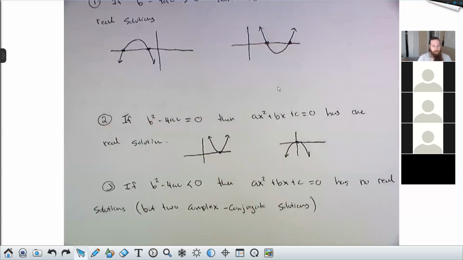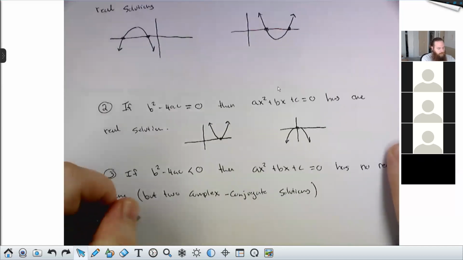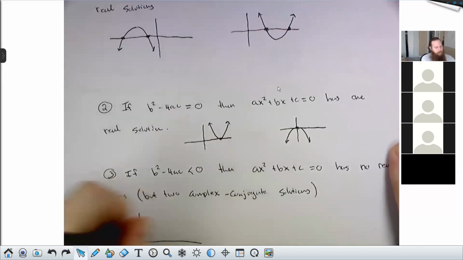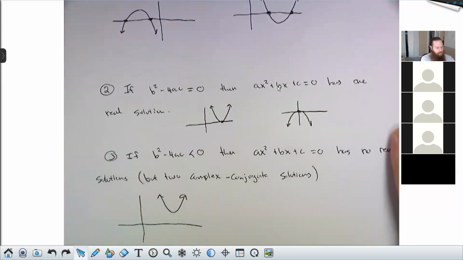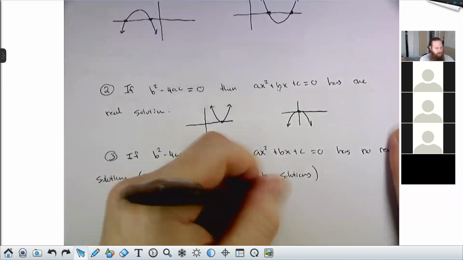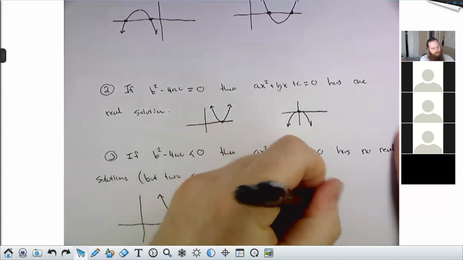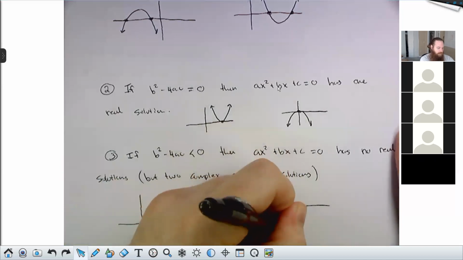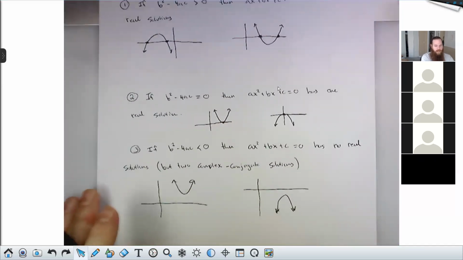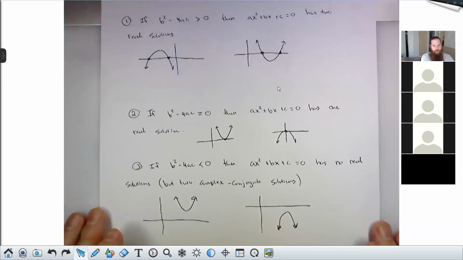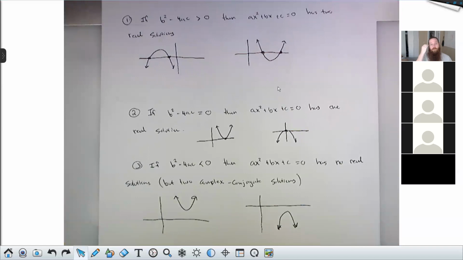I'm going to talk about complex numbers and introduce you to them in a little bit, but before we do that, I want to do 1 or 2 other little things. So the picture here is just your parabola. If it opens up, it's entirely above the x-axis, or if it opens down, it's entirely below the x-axis. Something like one of these. So these are the possible cases based on the discriminant and the corresponding pictures of the graphs. In each case, the graph here is y equals ax squared plus bx plus c.